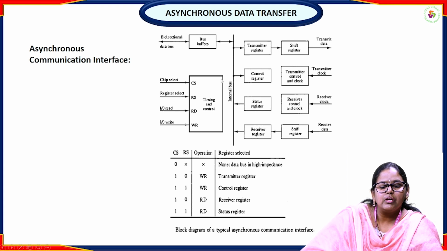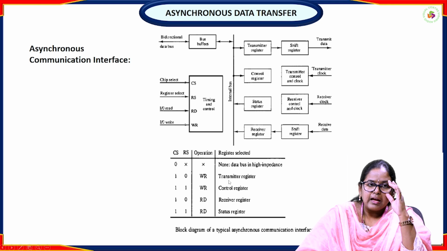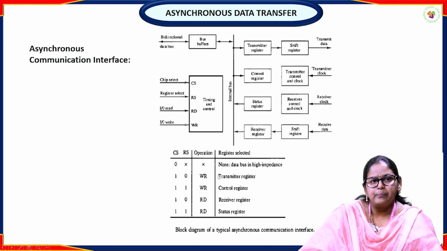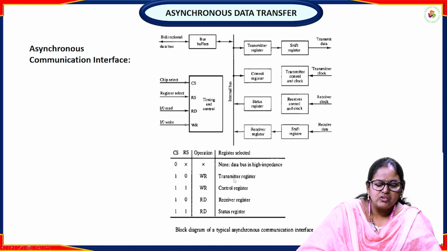So when we want this particular asynchronous communication interface to be in working condition, the CS value should always be equal to 1. You can see in the second row, where CS equals 1 and RS equals 0, it performs a write operation into the transmitter register, in the sense that the data from the CPU registers is transmitted to the transmitter register.